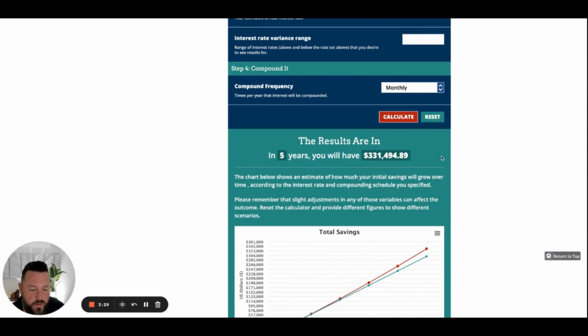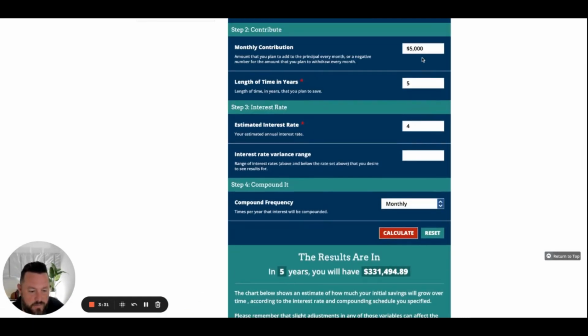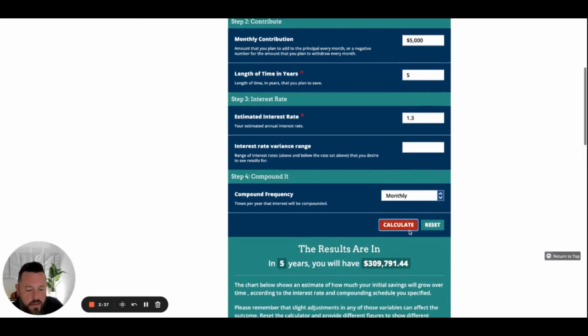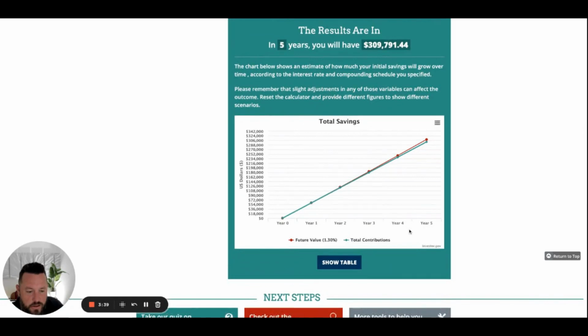So 331 at 4% if you have a $5,000 a month pension. Well, if you had 1.3, it would have been 310. So in this scenario, this person gets an extra $21,000 in DROP because of that difference.